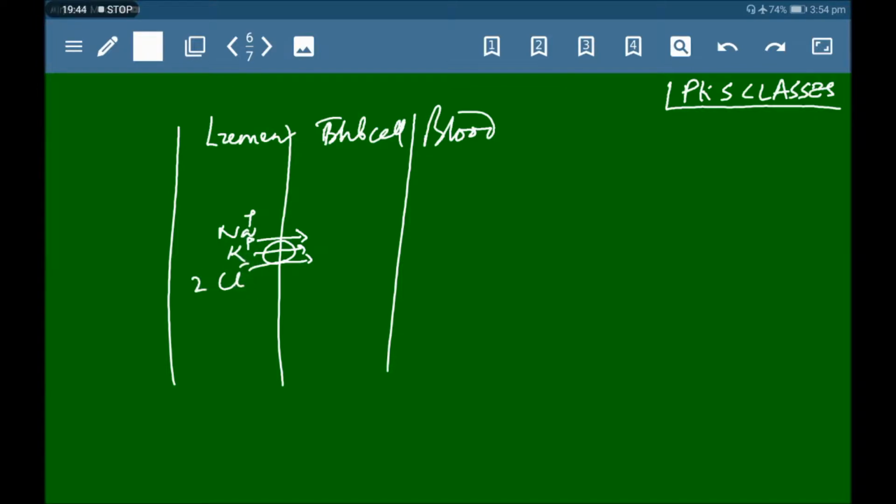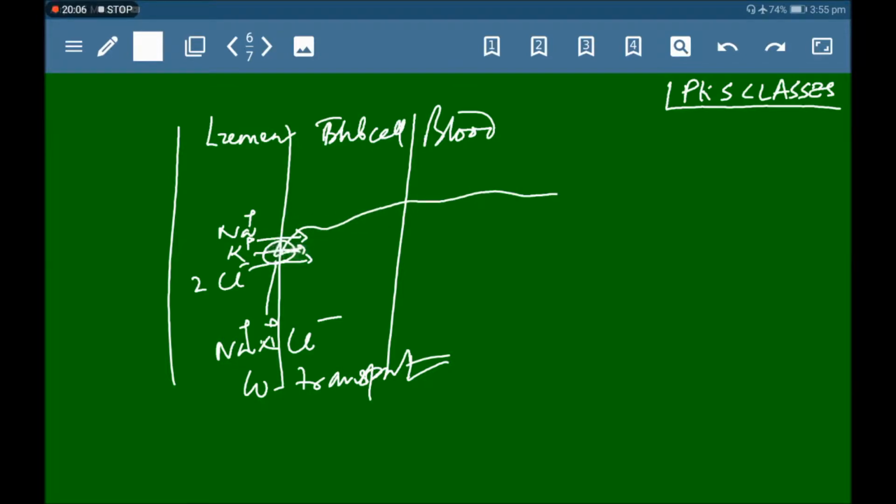There will be a reabsorption of sodium, potassium and chloride, and this is called sodium potassium chloride co-transport. What happens if we can inhibit this?